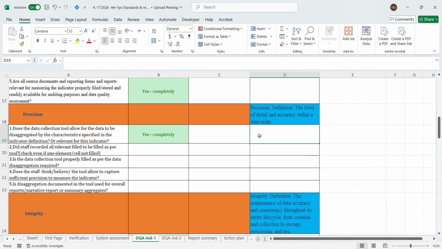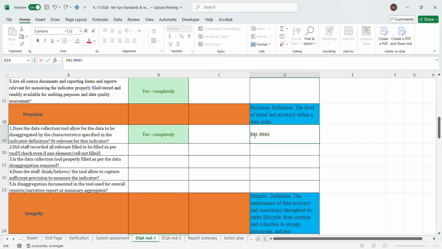For example, the number of areas planted can be disaggregated by female headed household, X amount, and male headed household, Y amount of area.